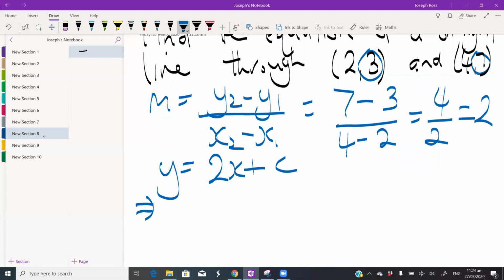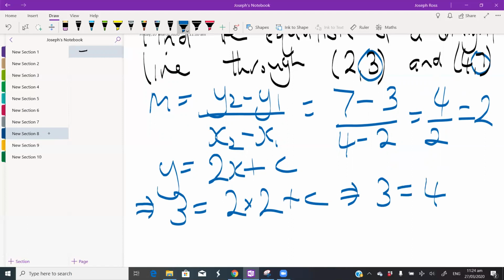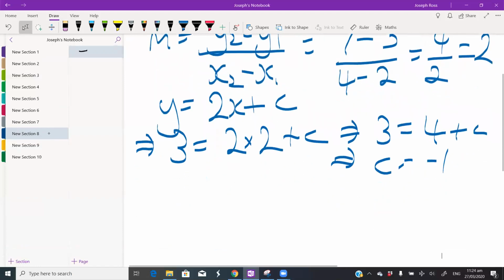So therefore our equation is 3 equals 2 times 2 plus c. So we've got 3 equals 4 plus c, and therefore c is going to be -1. And therefore your overall equation for this graph is y equals 2x minus 1.